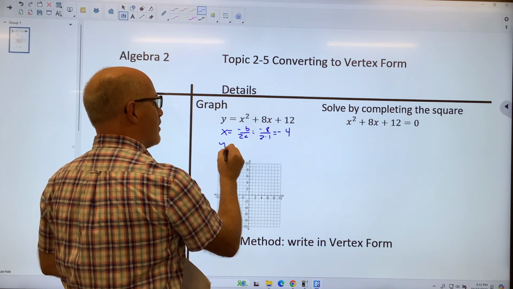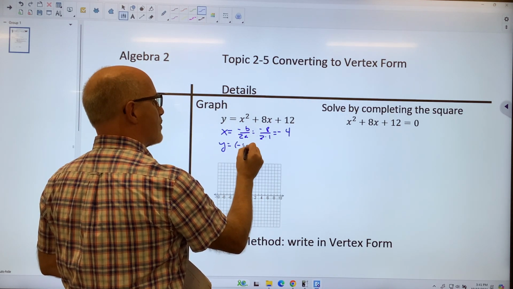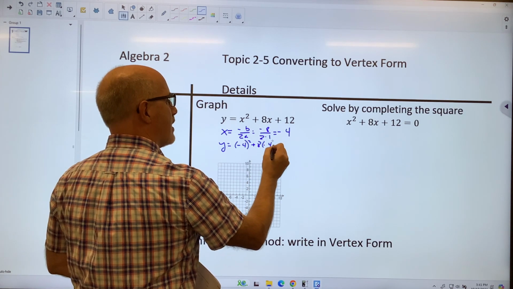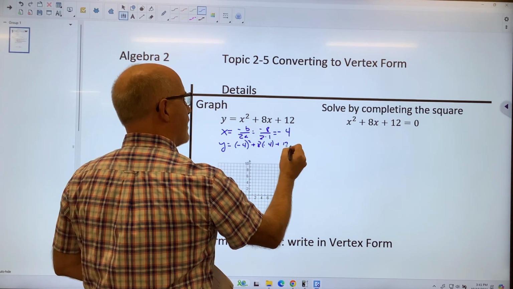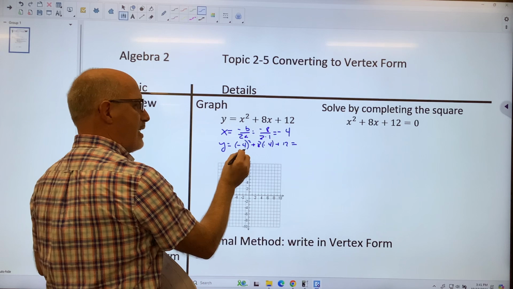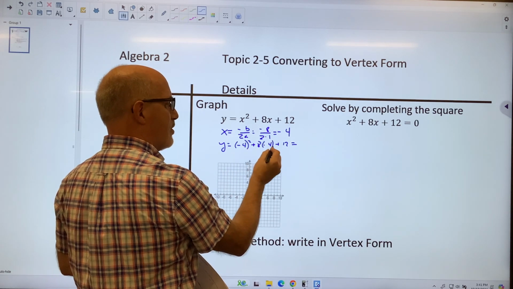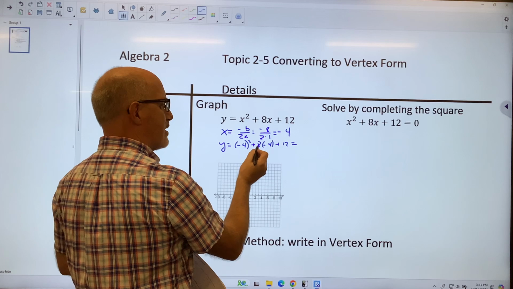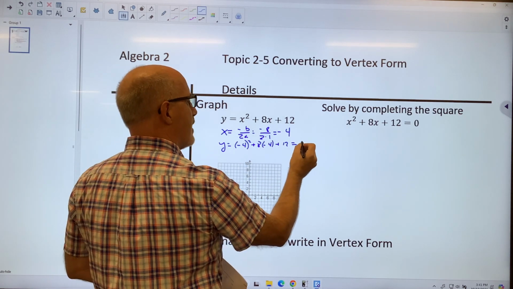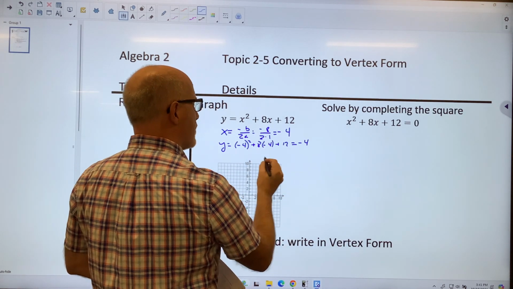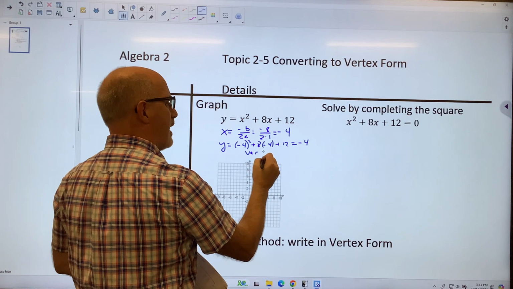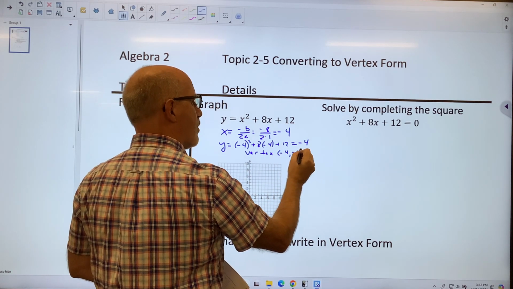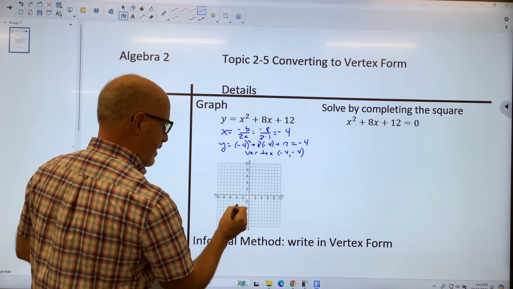My y value then would be negative 4 squared plus 8 times negative 4 plus 12. And that's going to be 16 plus negative 32, 8 times negative 4, plus 12. So you get 16, negative 32, plus 12. That gives me negative 4. So my vertex is going to be at negative 4, negative 4. Negative 4 for x, negative 4 for y. So you go negative 4, negative 4.